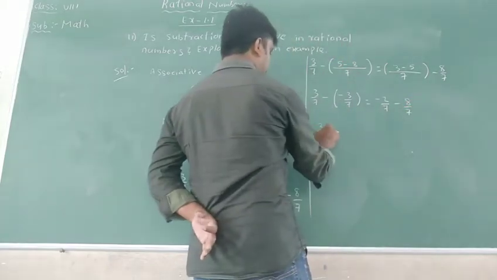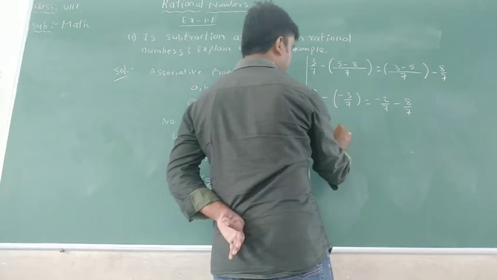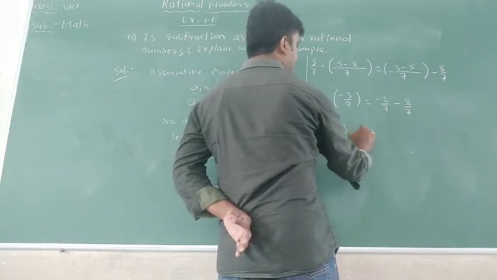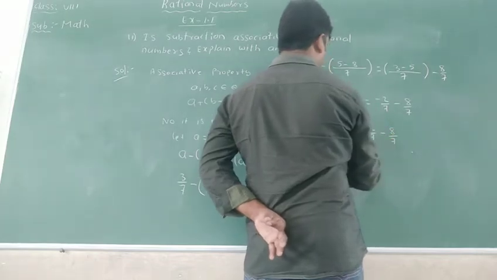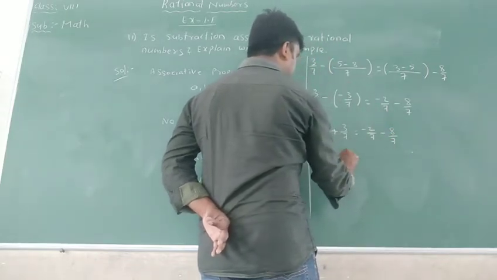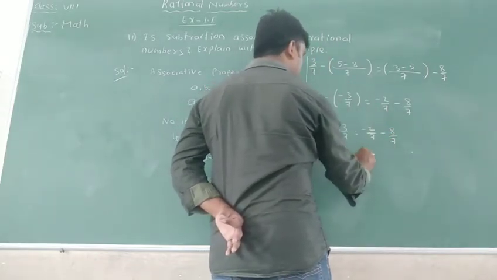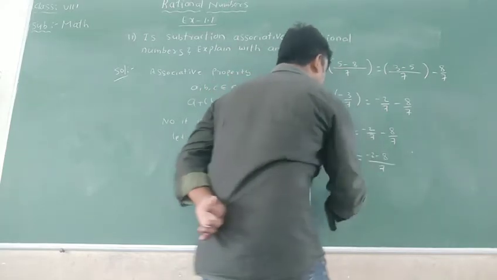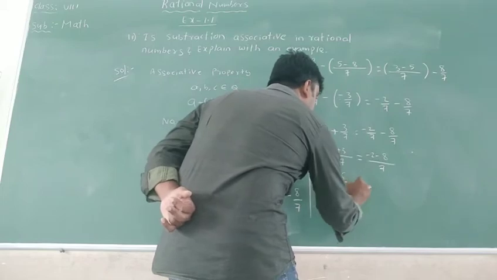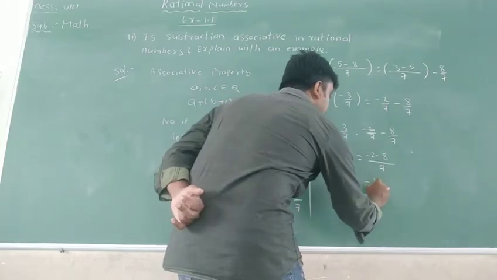Doing the addition, 3 plus 3 is 6/7, and on the other side minus 2 minus 8 is minus 10/7.